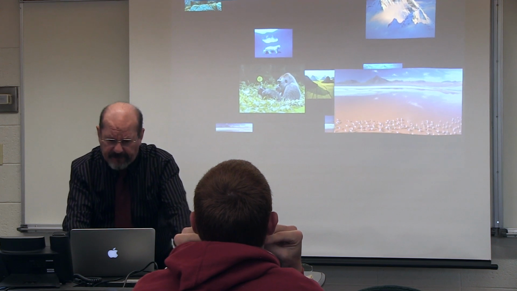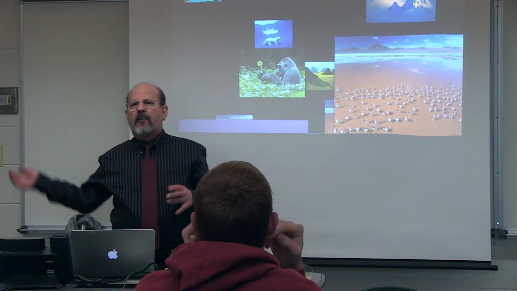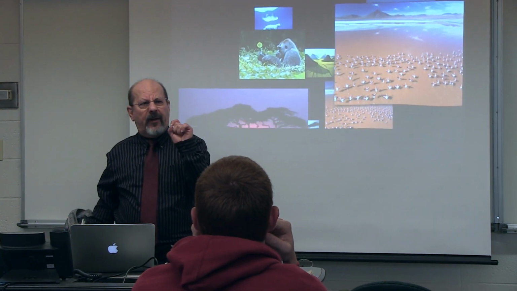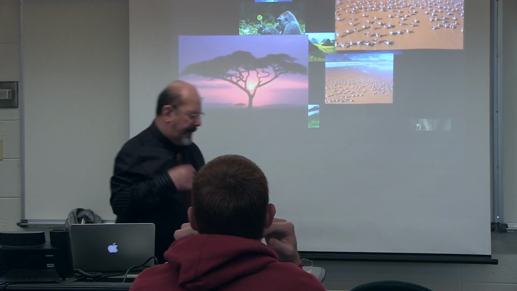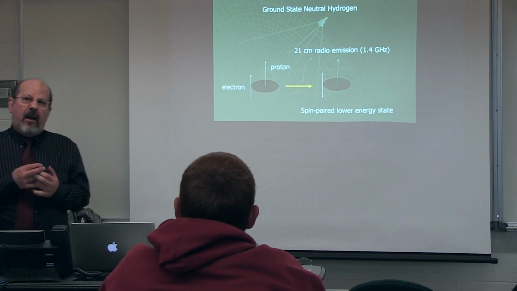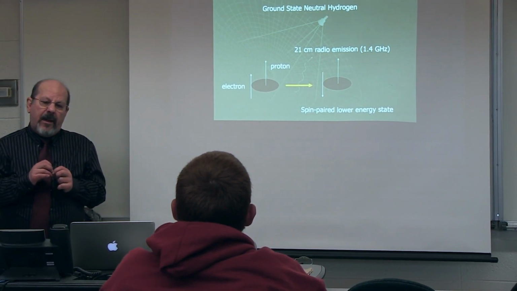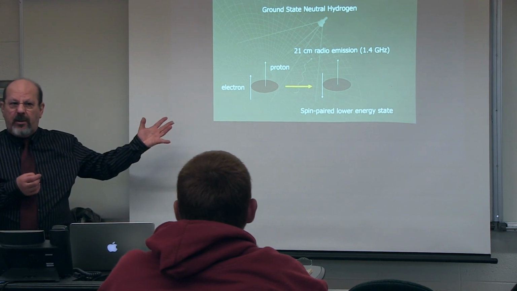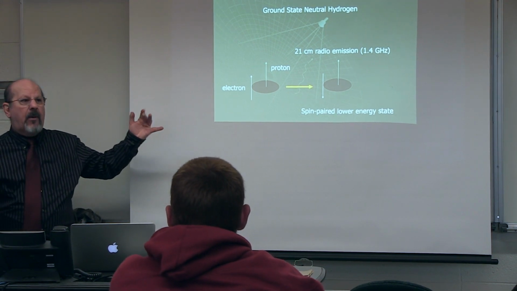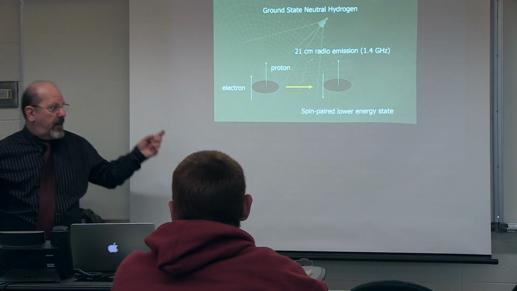Okay, and then finally, discrete sources means not all over the place, but rather selective. The most important one comes from what we call the hyperfine transition, a spin transition that happens when you have hydrogen, which is ubiquitous in the universe. This is the most abundant element because it's the simplest one.